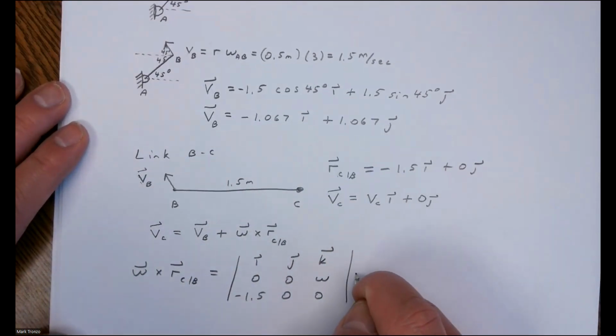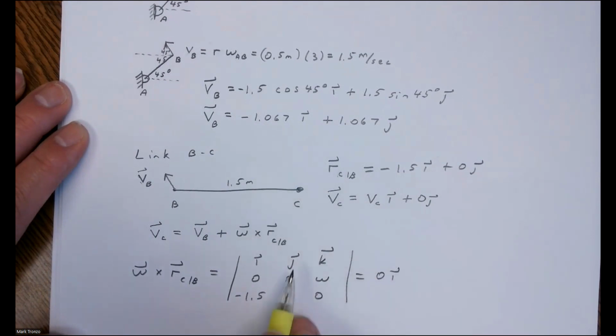And then when we calculate that, we're going to get 0I. And then when we do this one, it'll be a negative of a negative of a negative.